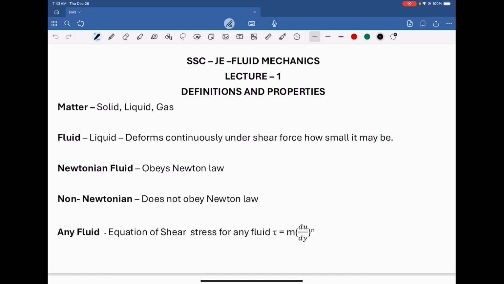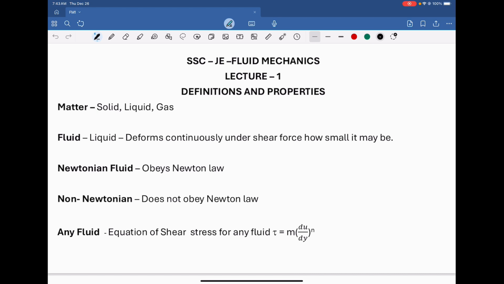I have taken fluid mechanics as the first chapter and first subject to start with, because it is a common subject between civil and mechanical engineers. This particular subject, whatever my lecture, includes both paper 1 and paper 2 syllabus, and it is useful for both civil and mechanical engineers.